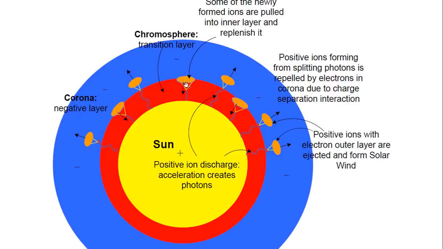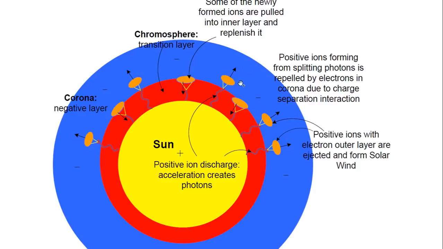Now, if this forms close enough to the sun's surface, which is positive, it may be pulled back towards the sun's inner positive layers, and then it will go to replenish the ions in the sun's core. But if it is further into the corona, it will be repelled, and it may then be ejected outwards into space.